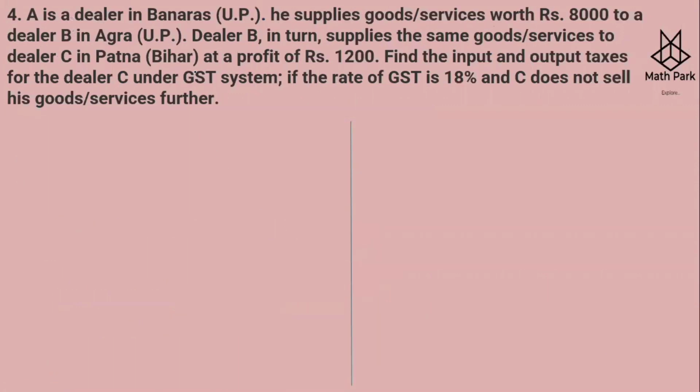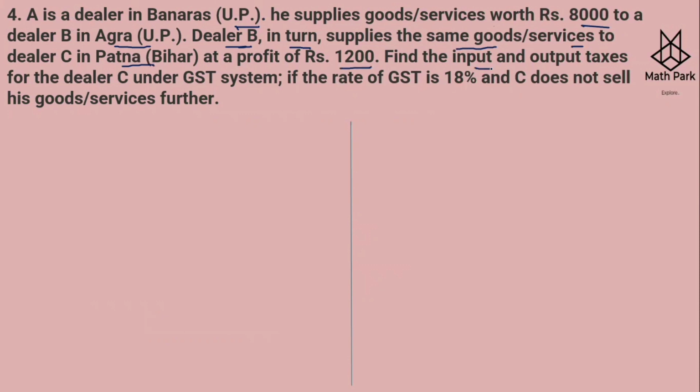A dealer in Banaras, Uttar Pradesh, supplies his goods or services worth rupees 8,000 to the dealer in Agra, which is again Uttar Pradesh. Then dealer B in turn supplies the same goods or services to the dealer in Patna, that is Bihar, at a profit of 1,200.